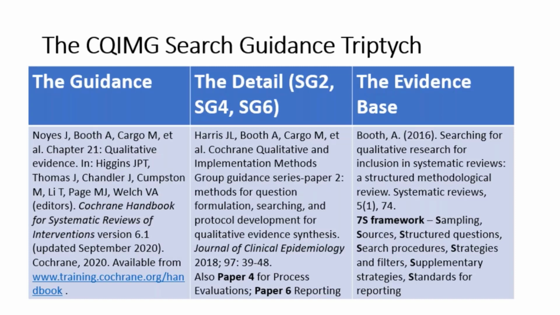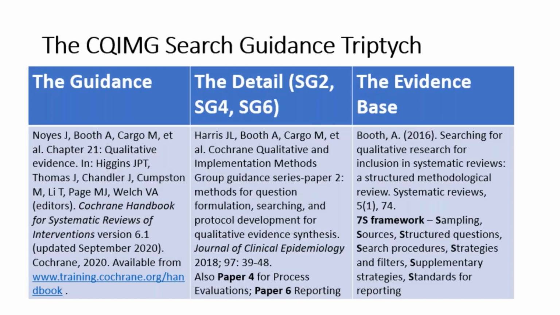But also, I would refer you to paper 4, specifically on searching for process evaluations, and paper 6, which relates to reporting your search strategy. But as Carol said, we had encouragement to highlight the evidence base behind the recommendations that we made.